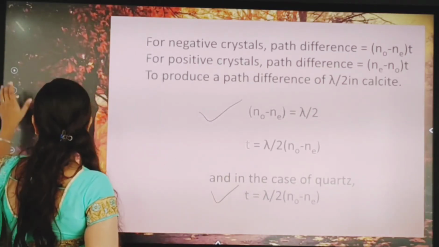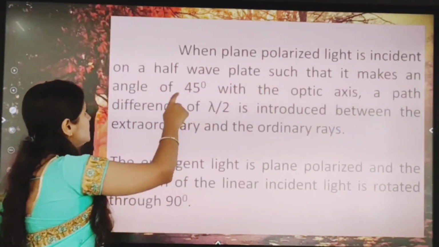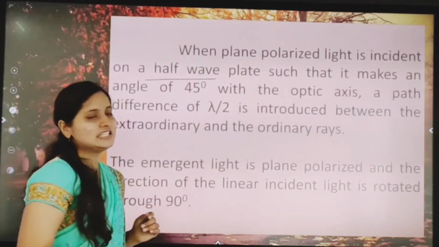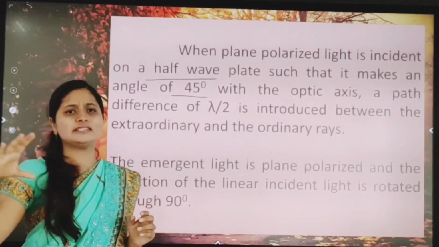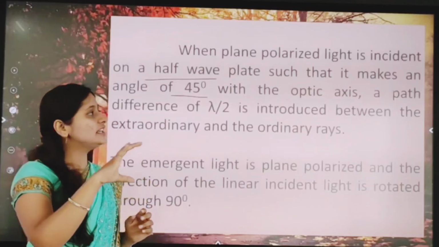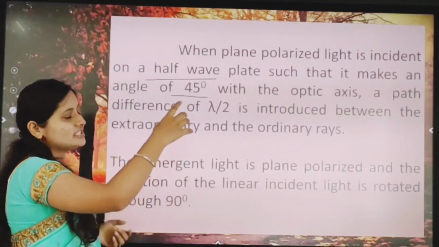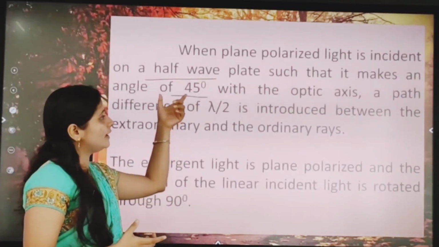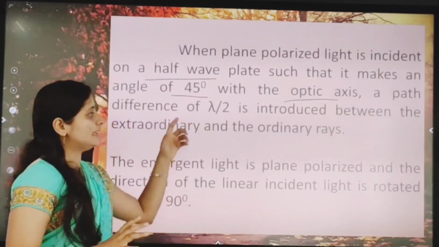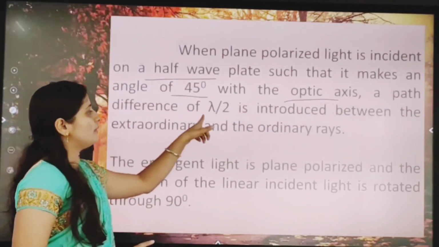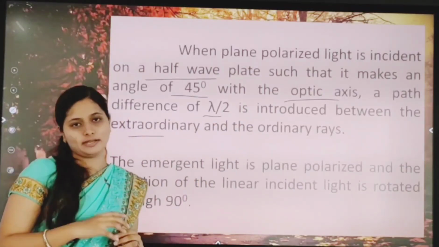And again we conclude that when plane polarized light is incident on a half wave plate such that it makes an angle of 45 degree with the optic axis, a path difference of lambda by 2 is introduced between the extraordinary ray and ordinary ray.